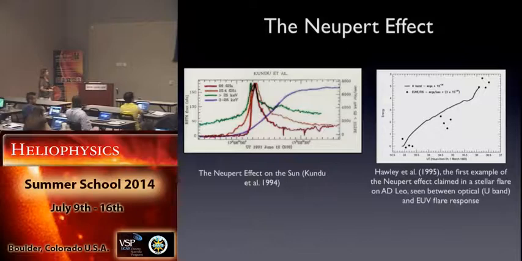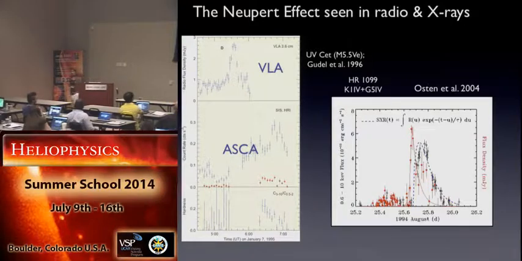This plot over here is an example of the Neupert effect seen in an M dwarf flare, where you're seeing the extreme ultraviolet response of the flare, and the curve is the optical emission from the flare. And I'll just go through these quickly.